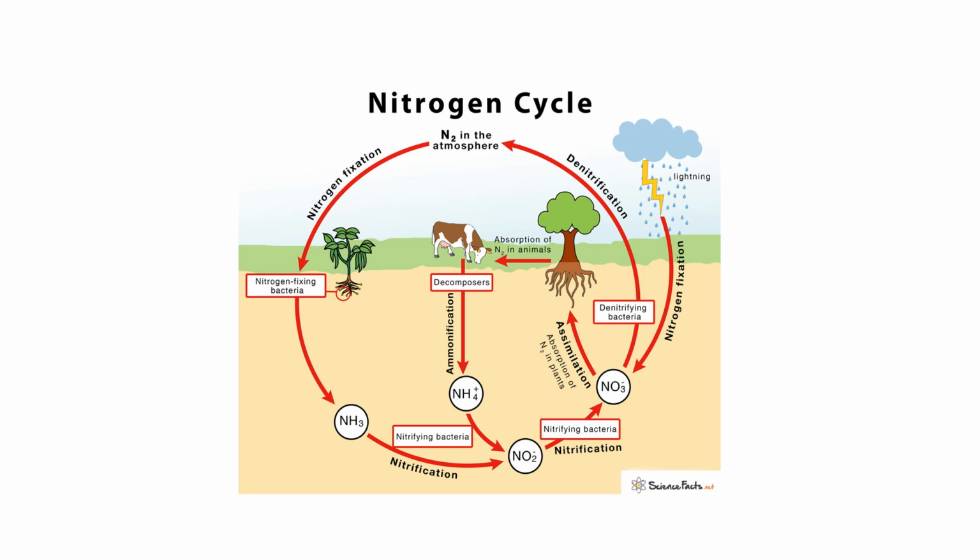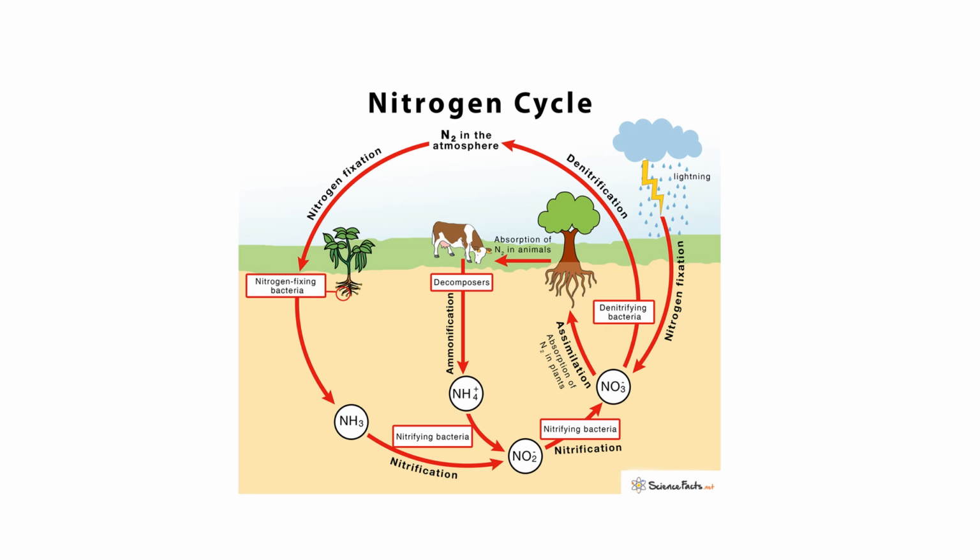Like I told you the other time, it can be assimilated by plants from the soil, and when animals feed on these plants, the nitrogen gets into the animals, and when animals die and decay, or through their excretory products, it comes back as a process that is referred to as ammonification.